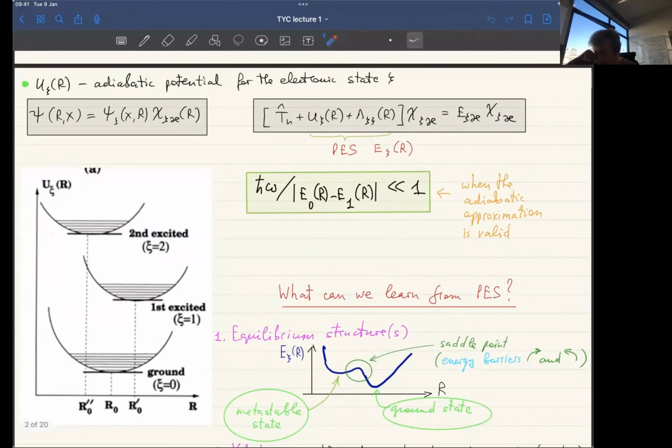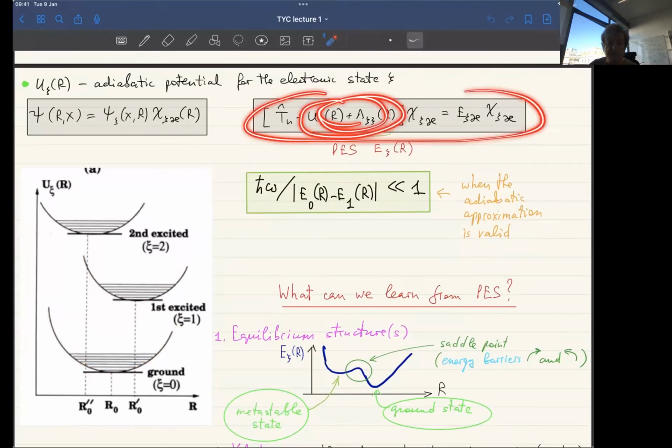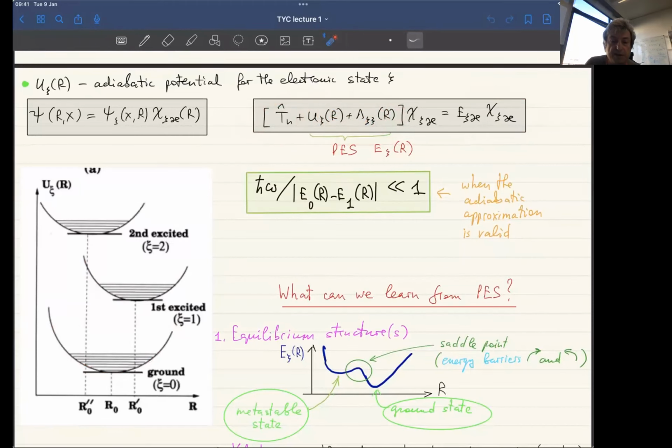Another way of looking at this is as follows. When we have these parabolas here, we can solve this equation, and of course, because these are parabolas, so this potential energy in this Schrödinger equation is harmonic, we would expect the solution of that equation would give us energies of the harmonic oscillators, and these energies would be added to the total energy of the electrons.